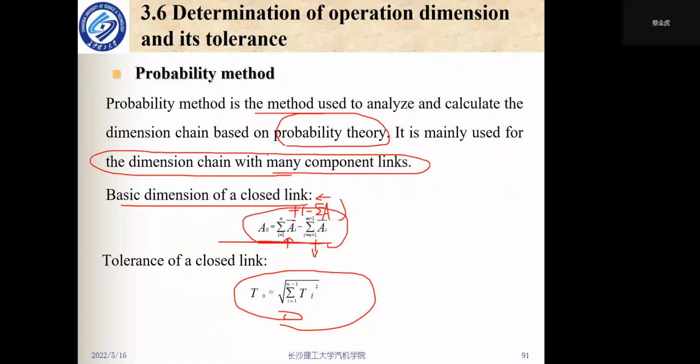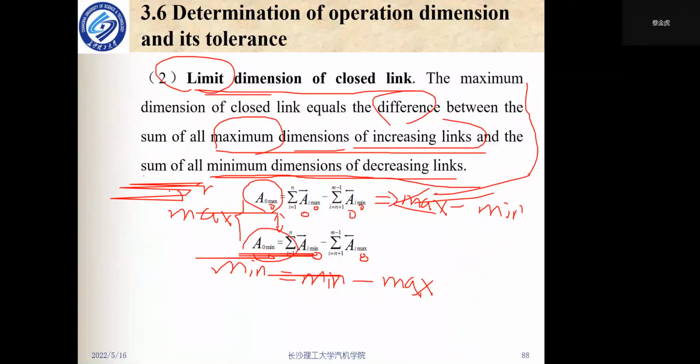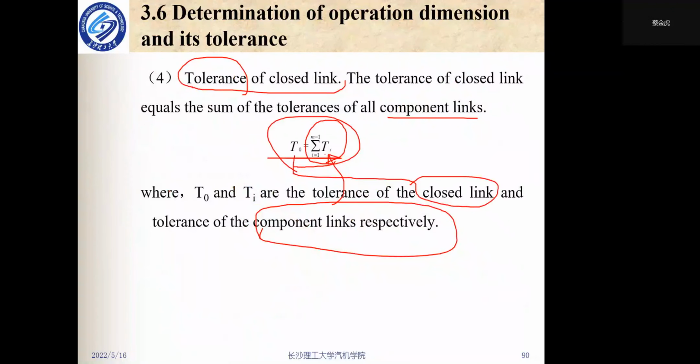So the probability method is not as important compared to the extreme value method. We have paid much attention to the extreme value method to calculate the basic dimension, the limit dimension, the upper and lower deviation, and the tolerance of the link. So we have learned much about the dimension chain.